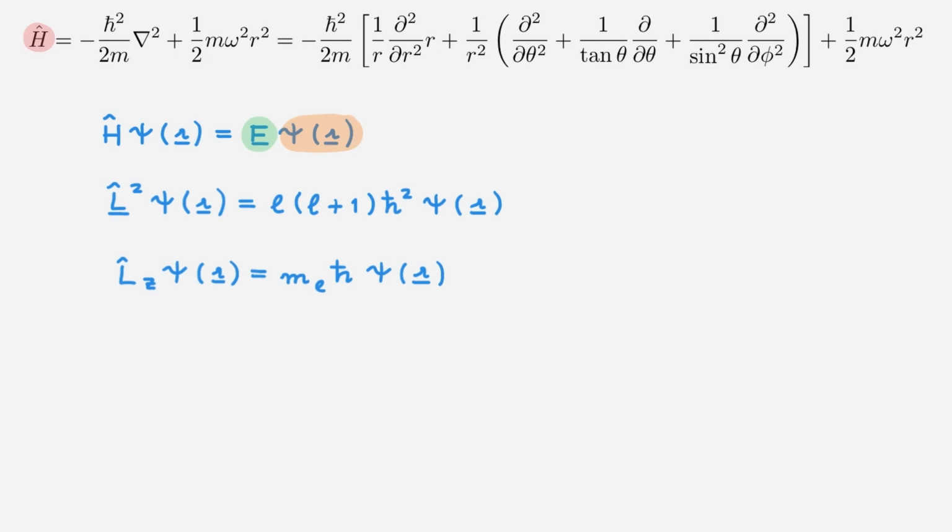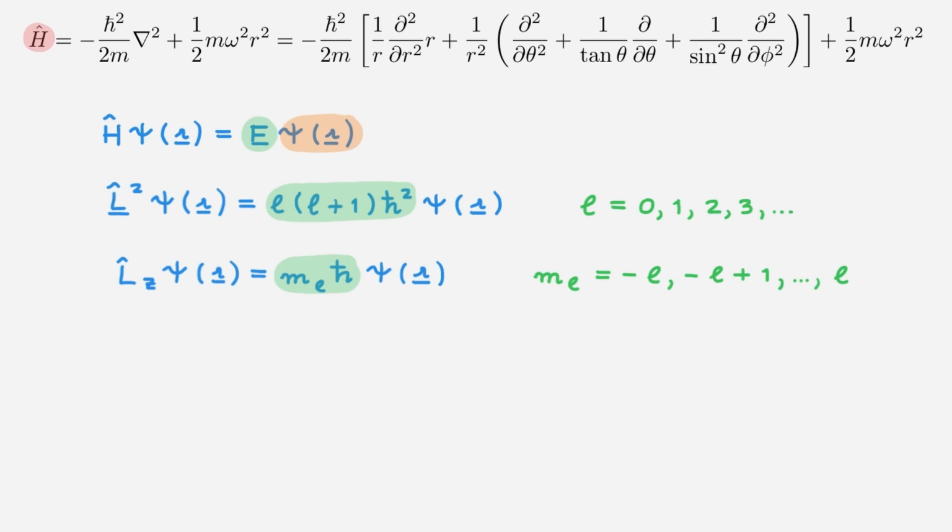Now, you'll remember from our series on angular momentum that in the L squared eigenvalue here, small l can only take non-negative integer values. And that for the Lz eigenvalue here, for a given small l, ml can only take one of these values. And if you need a refresher about orbital angular momentum, you can also find all the relevant videos in the description.